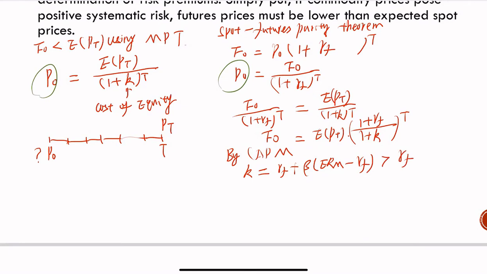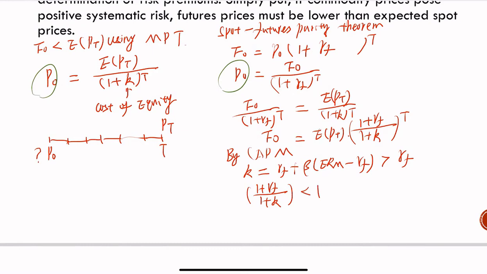So if K is larger than the risk-free rate, then it means (1 plus risk-free rate) divided by (1 plus the cost of equity) has to be smaller than 1, right? Okay.